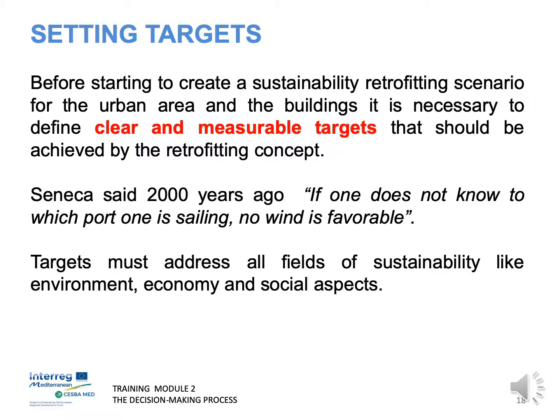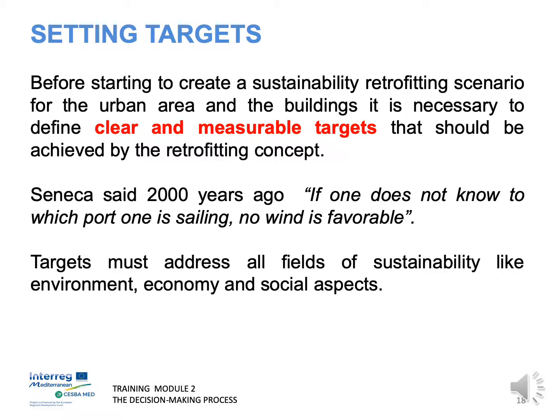So before starting to create a sustainable retrofitted scenario for an urban area and buildings, it is fundamental to define clear and measurable targets that should be achieved by the retrofitting concept. Seneca said 2000 years ago that if one doesn't know to which port one is sailing, no wind is favorable.